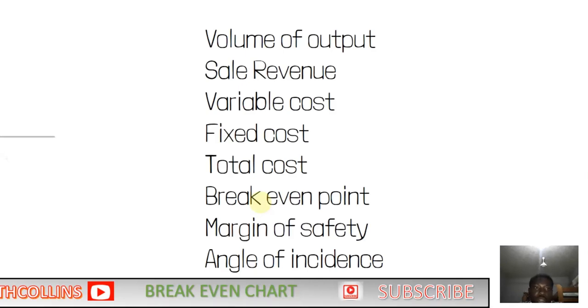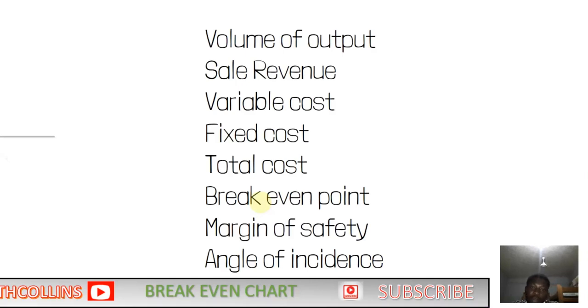Also, margin of safety. Margin of safety is the distance between the break-even point and the output being produced at a particular variable cost line. So after you break even, if you decide to continue your production, then it means you are in the margin of safety.